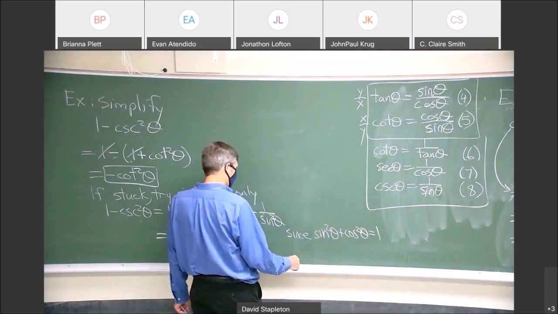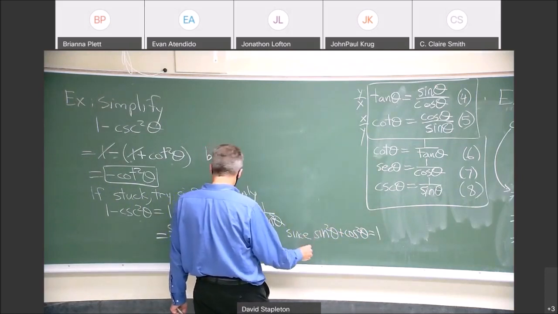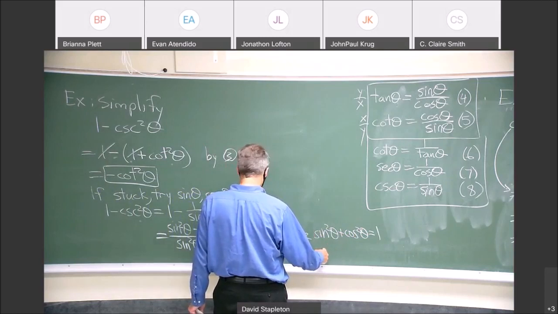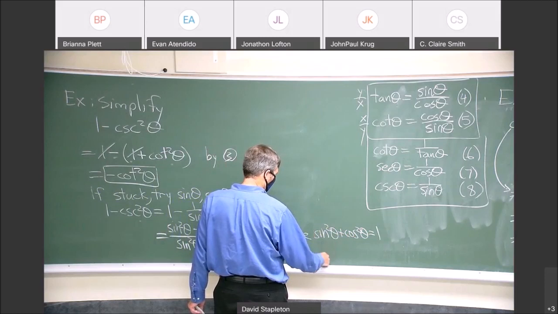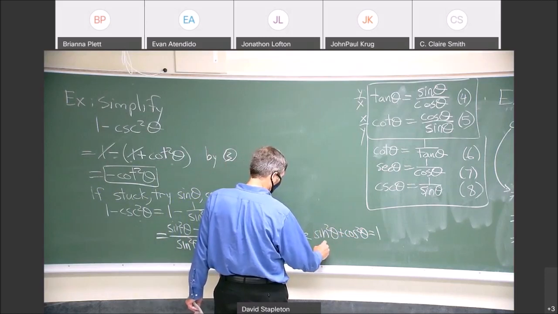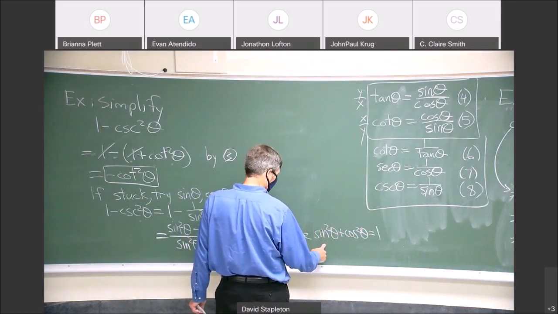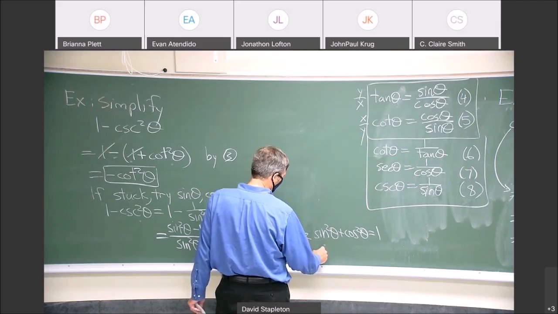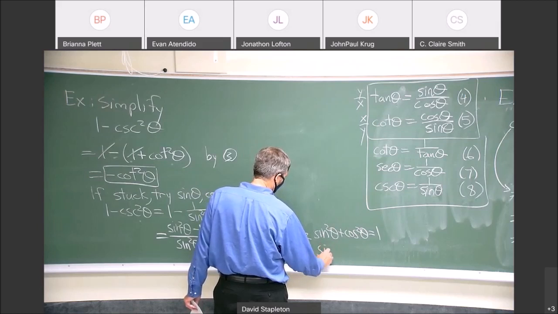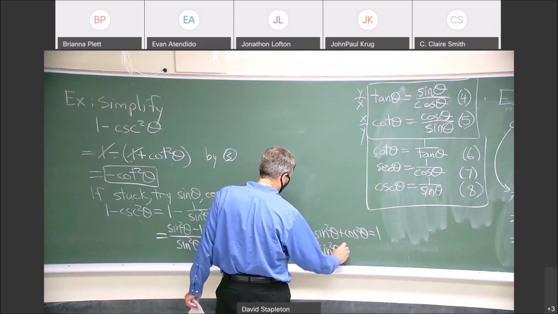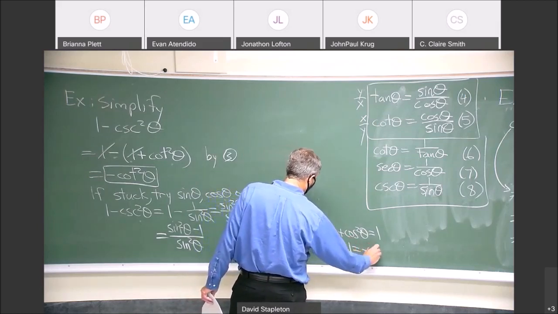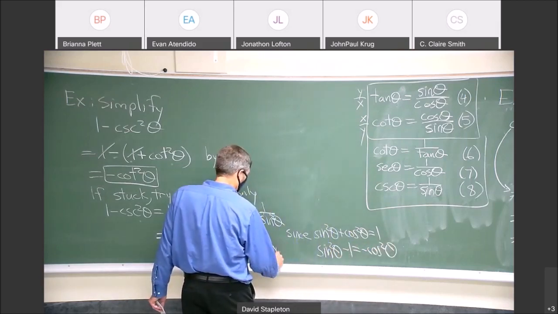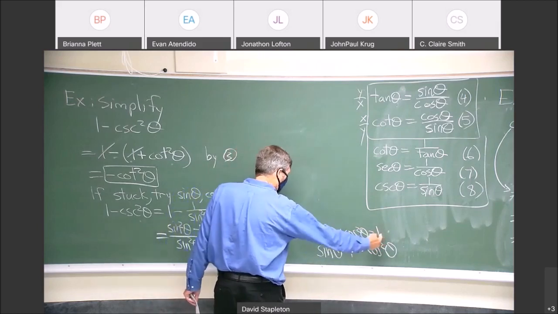If I subtract 1 from each side and cosine squared from each side, you get sine squared minus 1 equals minus cosine squared, by subtraction of cosine squared from each side and 1 from each side.